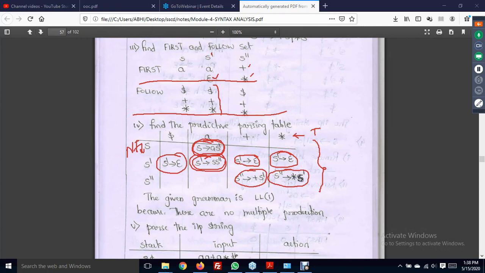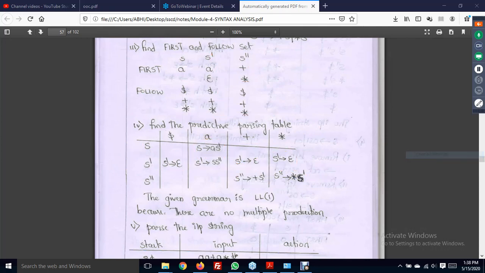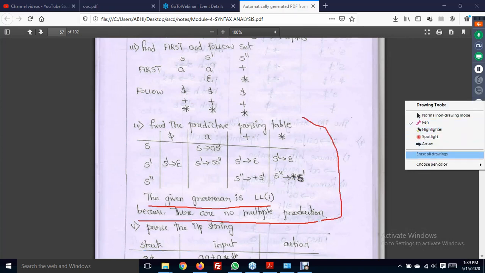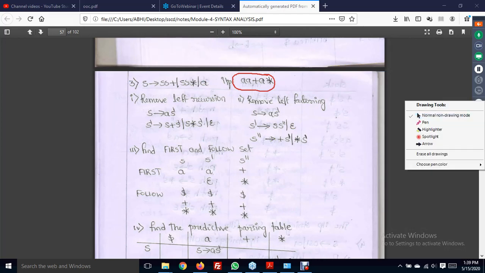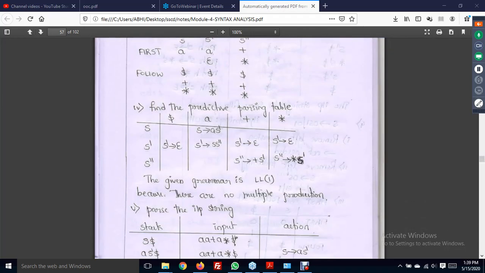Why? Because I don't have duplicate entries in the same cell. So that makes sense with respect to the given grammar being LL(1), because there are no multiple productions in each cell. So once I calculate the parsing table, consider the input whatever they have provided. So the input here is A A plus A star. You have to push it towards your input. And what will be there in my stack?